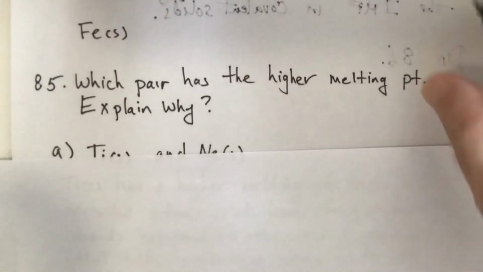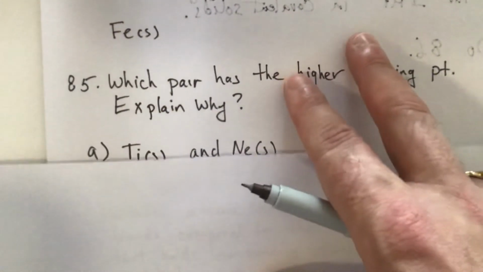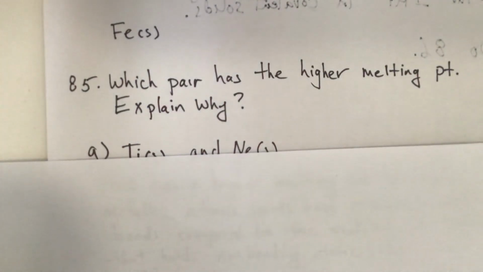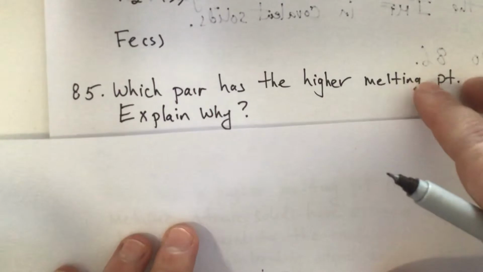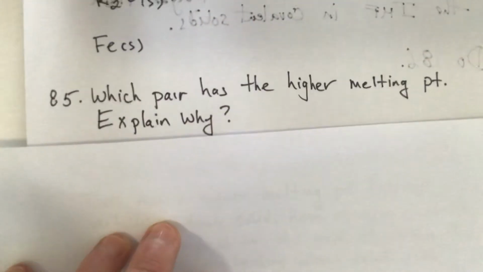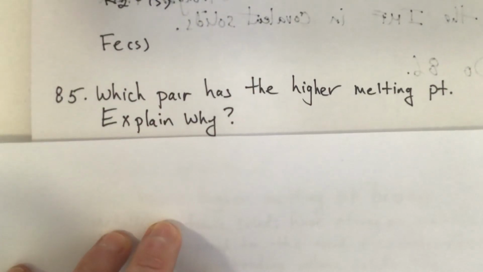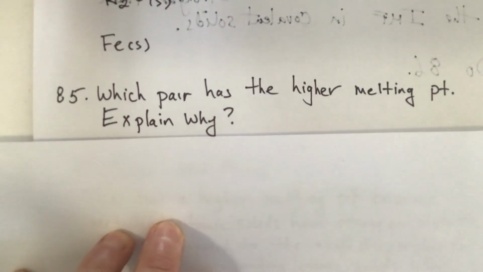Now, here's something which is important for us. The next question is number 85. I'm going to go through this with you, and then I want you to do number 86, which is the same idea. So 85 says, which member of the pair has the higher melting point?